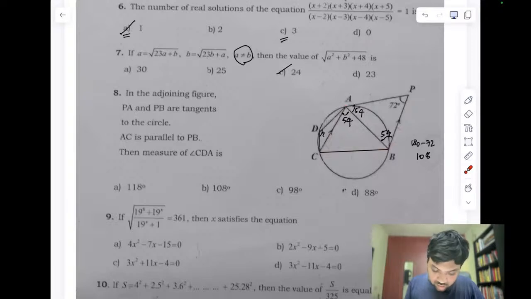Wait. AC is parallel to PB, and just a minute. Oh, but AP is parallel to CB. I don't know, so I can't say this is 54.